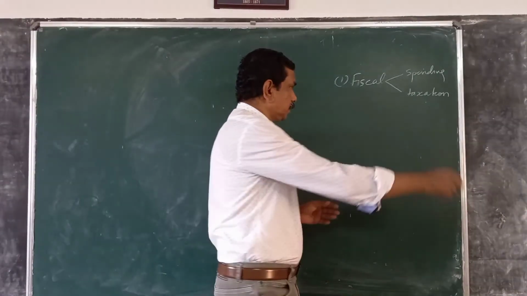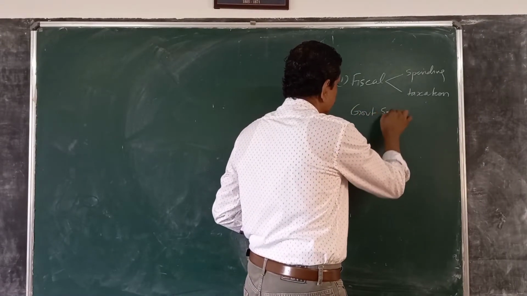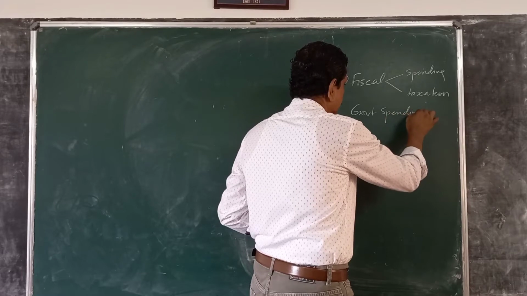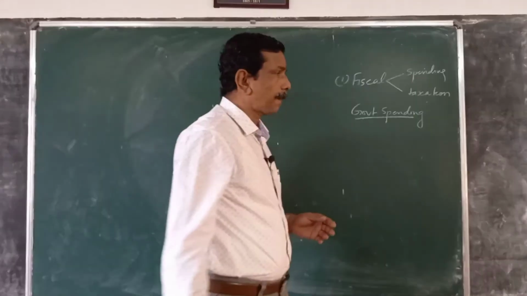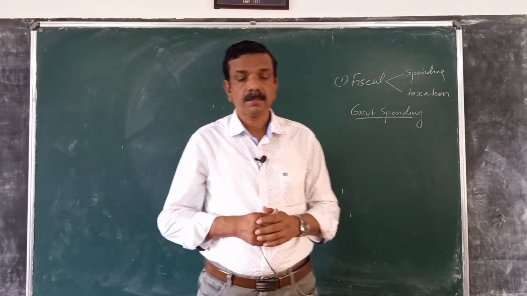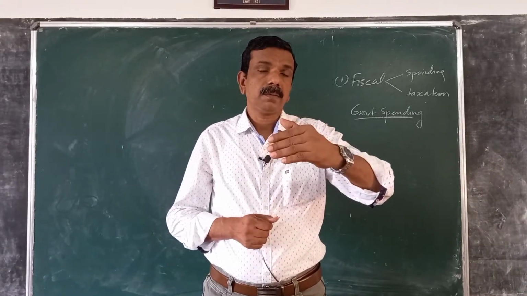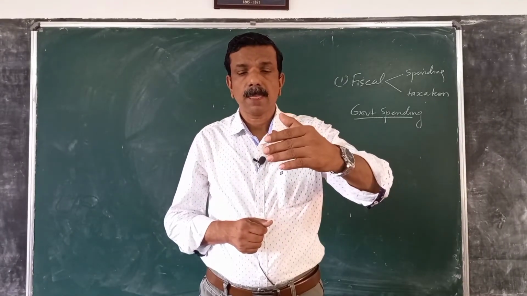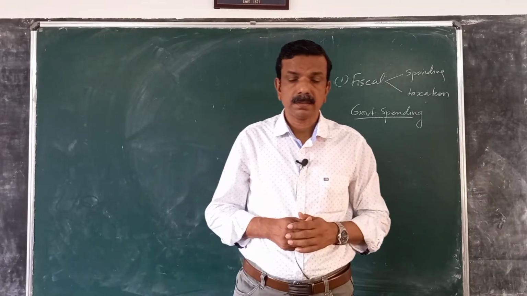Now, we start with government spending. In this session, we will study the effect of the fiscal policy, namely government spending, on equilibrium level of output, employment, price level, and interest rate.